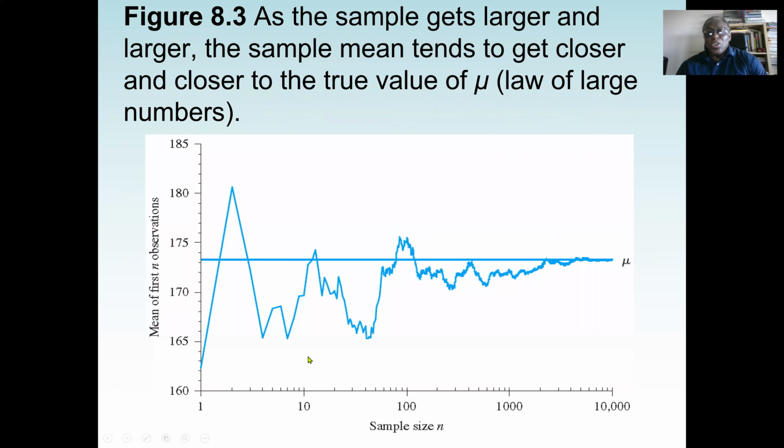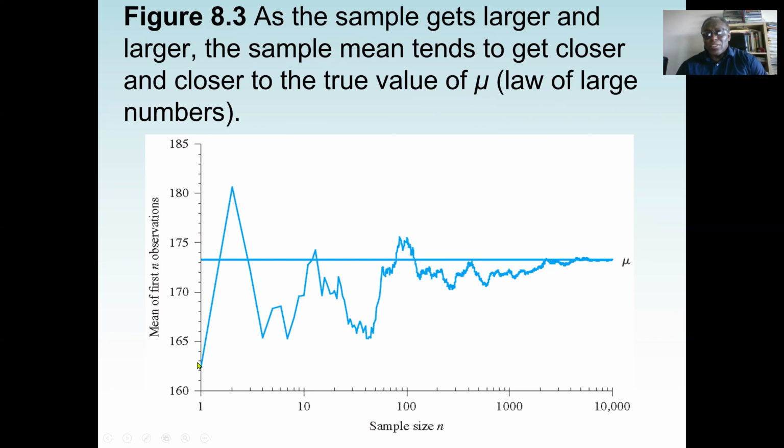We see an example here. Let's say we have the sample size as our x-axis, and the mean of the first n observations as the y-axis. We can see that when the sample size is only 1, there is a lot of fluctuation. The horizontal line here is the population mean.